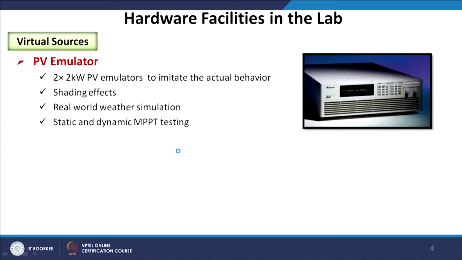Now, we have energy sources. The first one is the PV emulator, which mimics solar PV, and we have connected a 2 kilowatt PV emulator to imitate the actual behavior of solar PV.